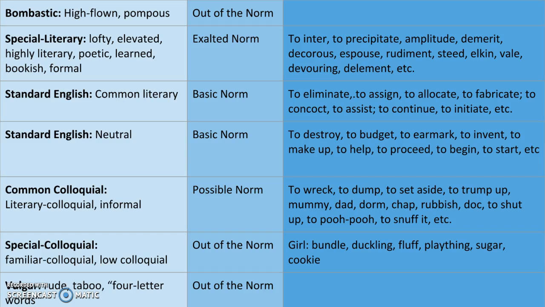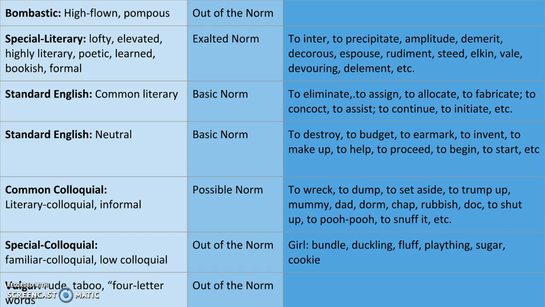The next we have is special literary, which might be used by a character who's a professor or a scientist, somebody very, very well educated, and is considered lofty, elevated, highly literary, poetic, learned, bookish, formal speech. So this is somebody who goes to the library a lot. And so it's considered the exalted norm.